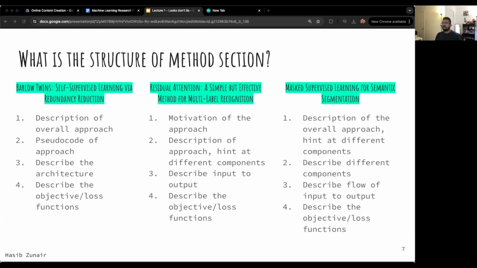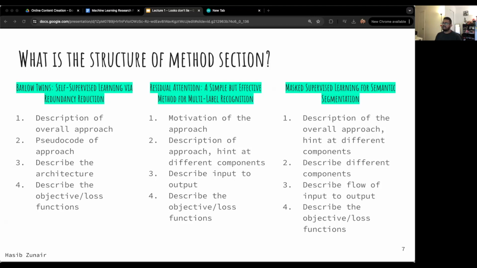So for the first one, we can see that they start off with a description of the overall approach, followed by a pseudocode of the approach, and then they describe the architecture, followed by the loss function. For the second paper, they start off with the motivation first, and then they describe the approach, hinting at the different components.